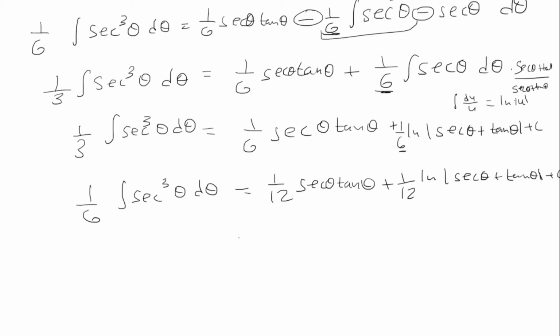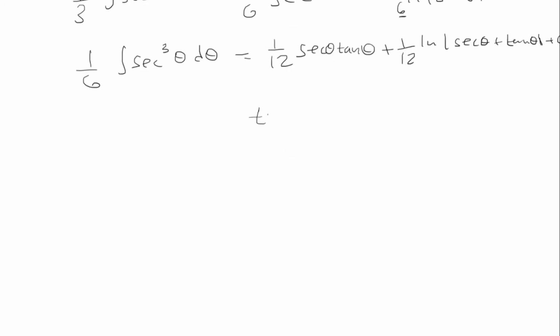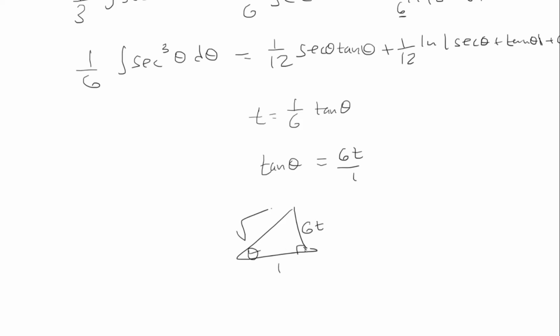Okay. So now we have to recall that we let t equal 1/6 tangent theta. So that means tangent theta was 6t, or you can think of it as 6t over 1. So if I draw a right triangle, this is theta. Tangent is opposite over adjacent, opposite being 6t, adjacent being 1. Do the Pythagorean theorem.